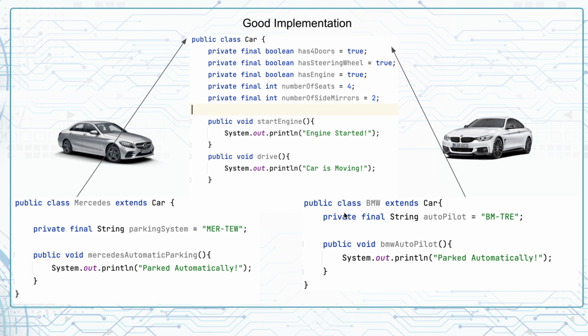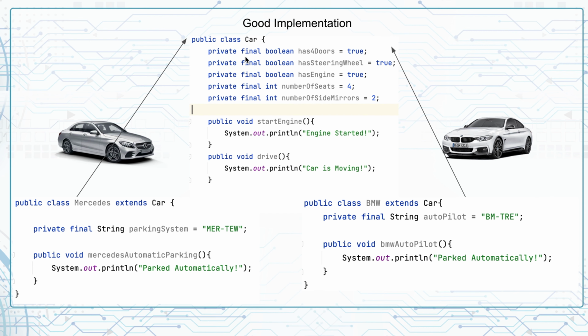And the class BMW is the same. It also extends the parent class, which is Car, and also has only the different attributes and different methods, which are specific for BMW. As you can see here, we eliminate the duplication. Remember we spoke about DRY.